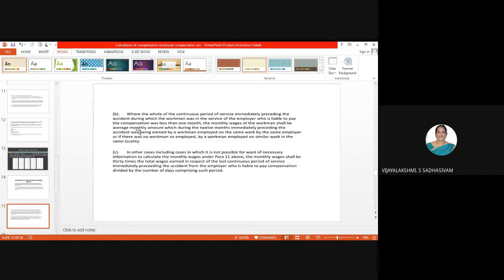So we will take into consideration the persons working in the same industry, and take those wages as the factor, or similar work in the same locality.